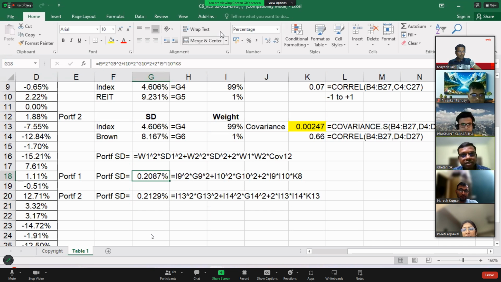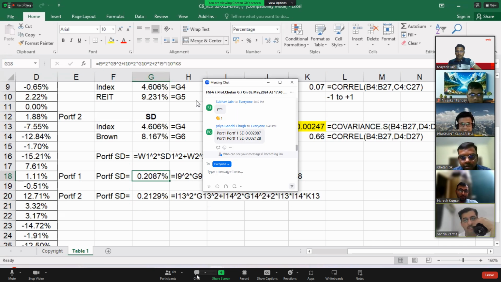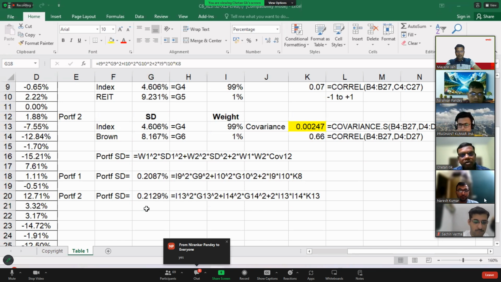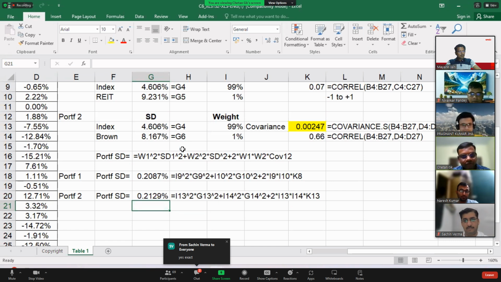Just put it in the chat box. Yes, sir. Exactly match. You should exactly match, right? Because it's an Excel sheet. That is the reason we are using Excel. If you were doing manual calculation, then I could say you are doing some round figure calculation. So it has to be the same actually.